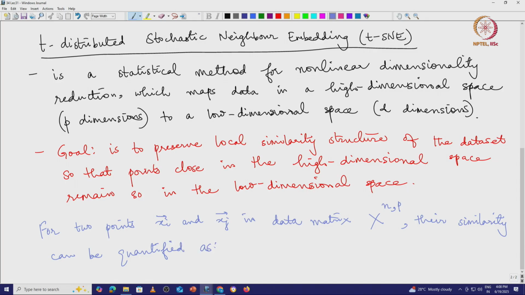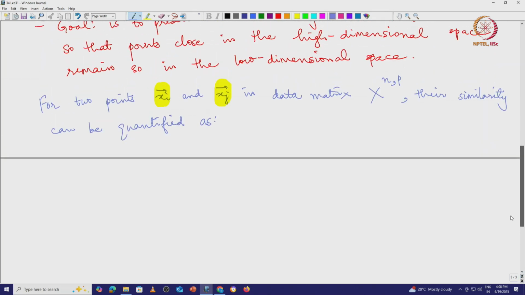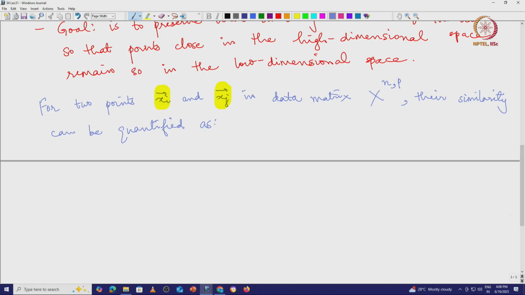This similarity metric essentially determines the conditional probability of the point xi picking xj as its neighbor, right. So if you know how probable the second point is in the vicinity of the first point, then you know how similar those points are. So that is the whole logic, and you can map the conditional probability of these points being closer using a Gaussian distribution, right.